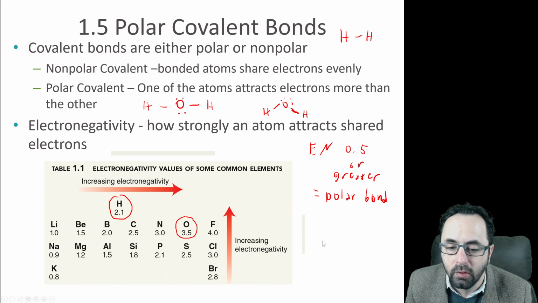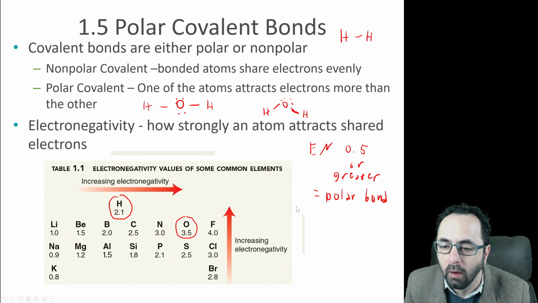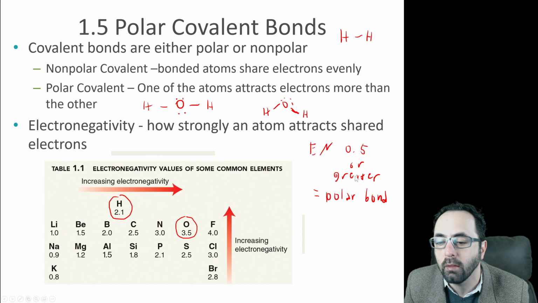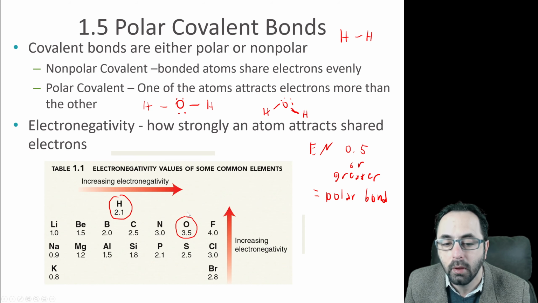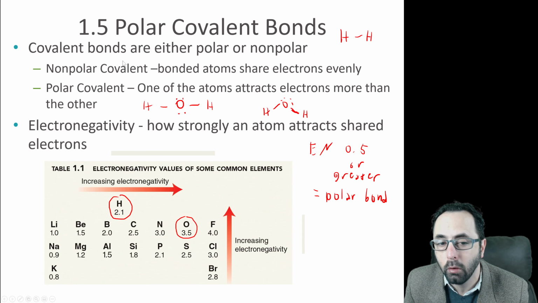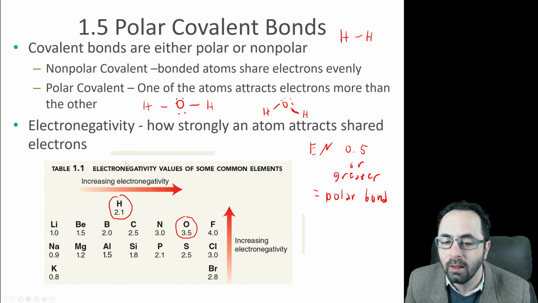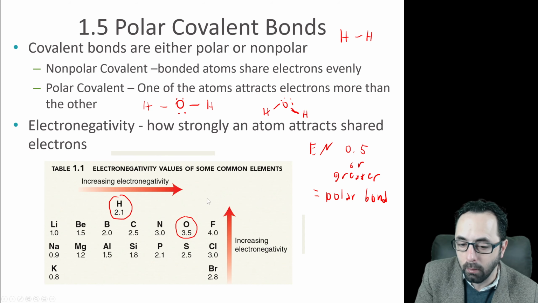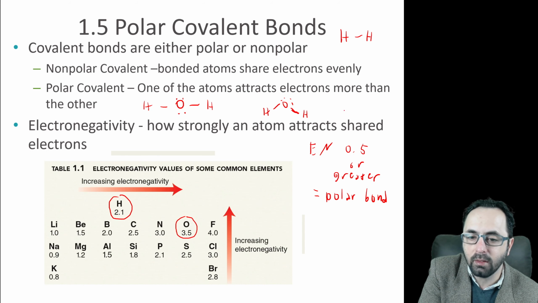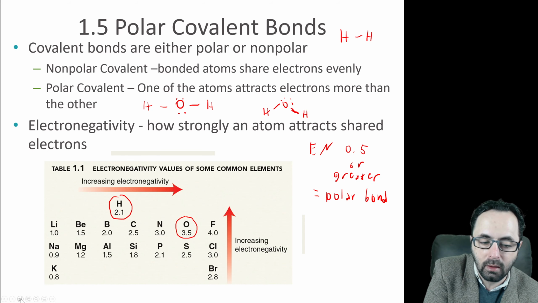But for simplification purposes, we often say that when the electronegativity difference is 0.5 or greater between 2 atoms in a bond, that is a pretty polar bond. If it has a 0.4 difference, is it completely nonpolar? No, it has some polarity, but it's small enough that we say it's not very significant. So here, the electronegativity difference, 3.5 minus 2.1, is 1.4. And oxygen has the much higher electronegativity.